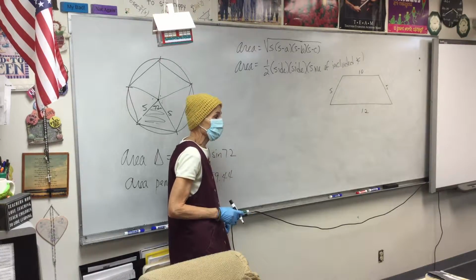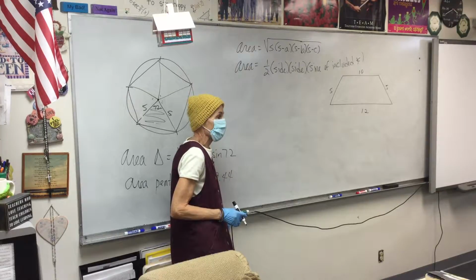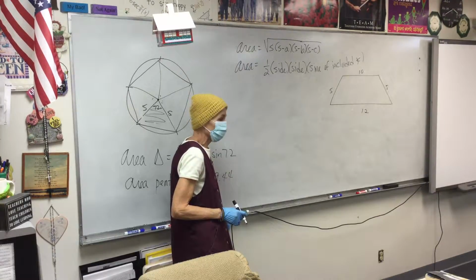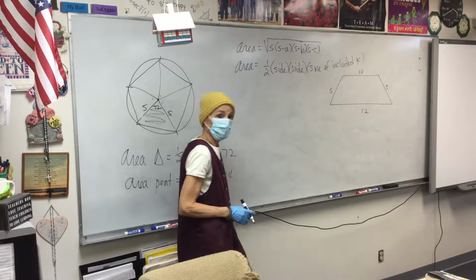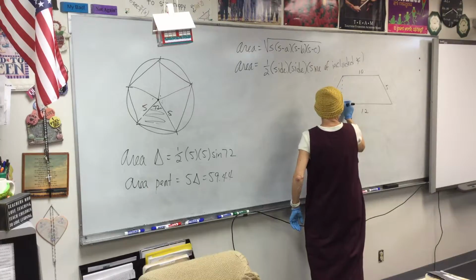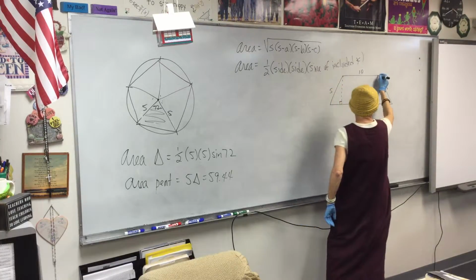Any ideas? You make 2 right triangles. Oh, well, we could. Is this what you're talking about, Robert? Drawing a perpendicular here and here? Yeah.